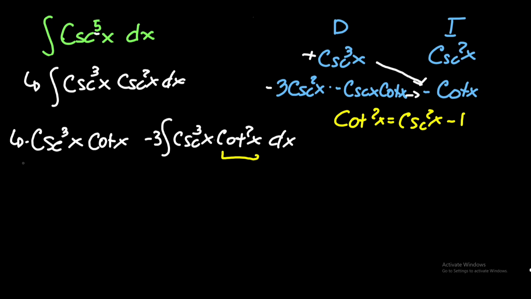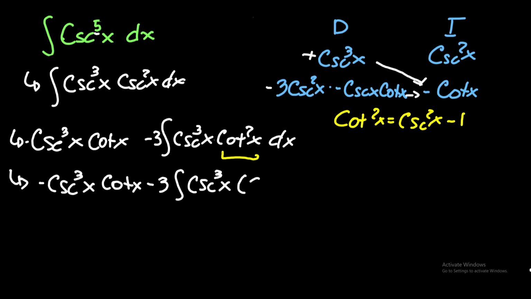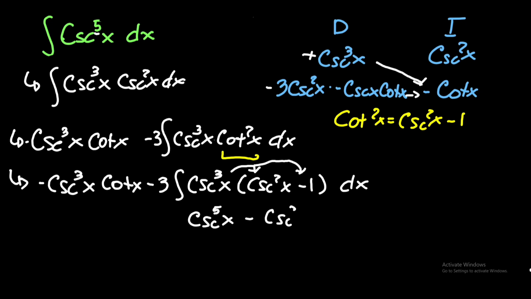And so by distributing cosecant cubed of x, we will have cosecant to the power of 5 of x minus cosecant cubed of x dx. And so, by splitting this integral into two parts, we will have this expression.